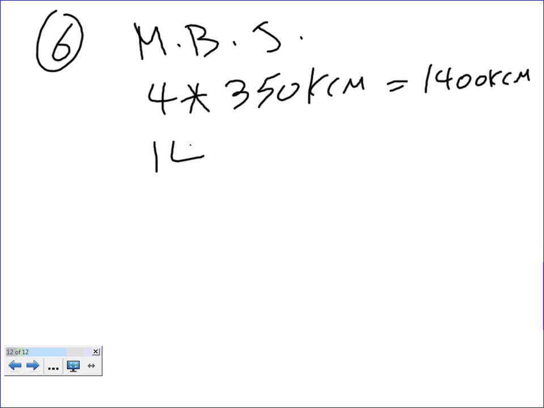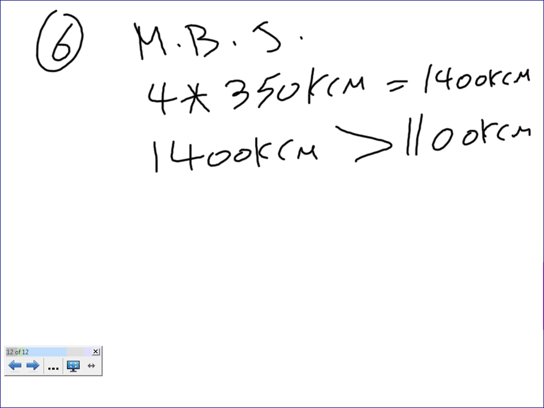If the 1400 kcmil is more than 1100 kcmil, then you do the following. Is the 1400 more than 1100? I hope so. If your answer is yes, then you're going to do the following.